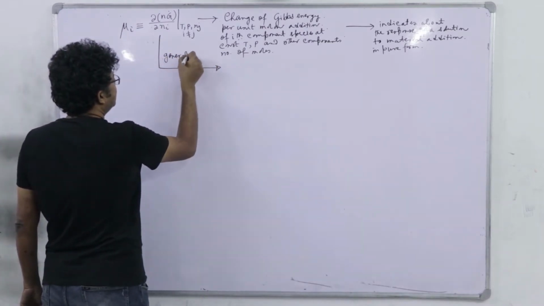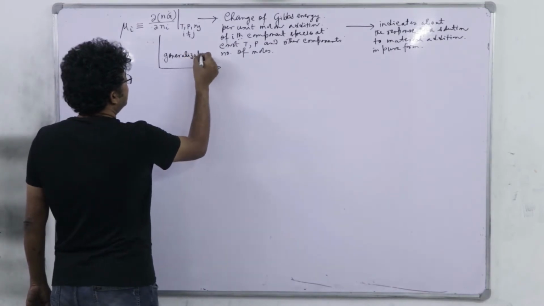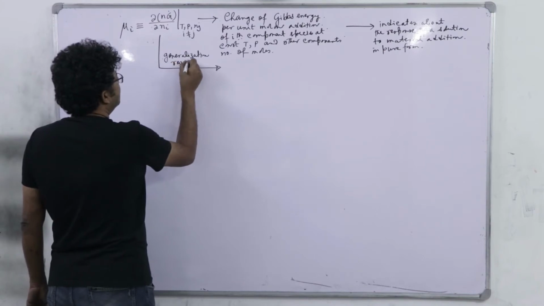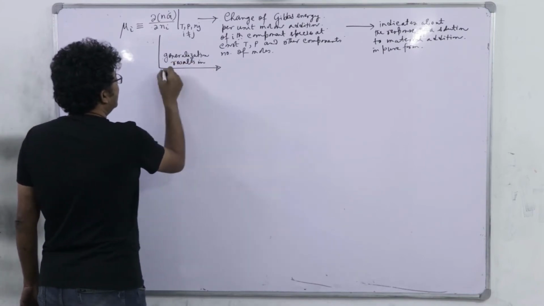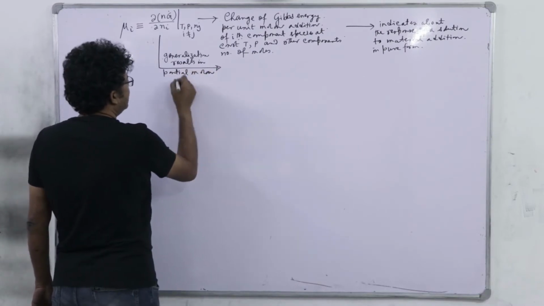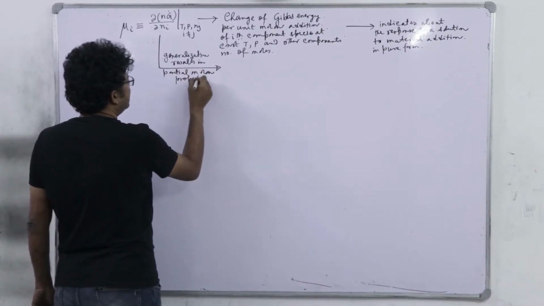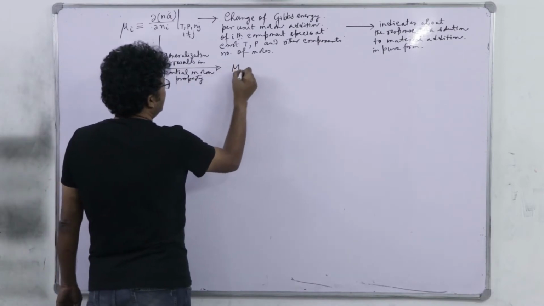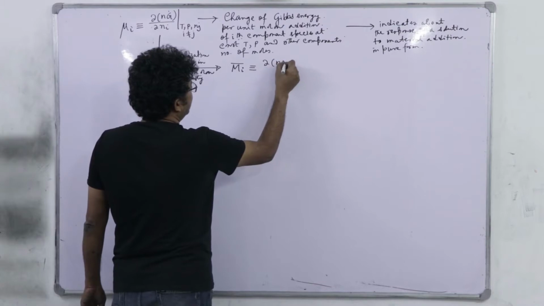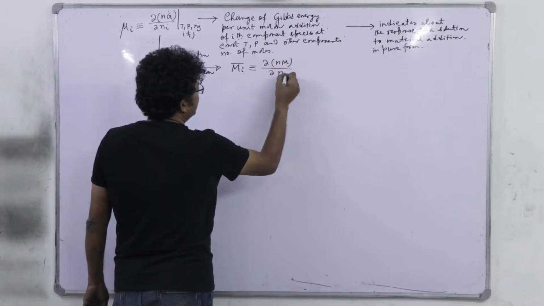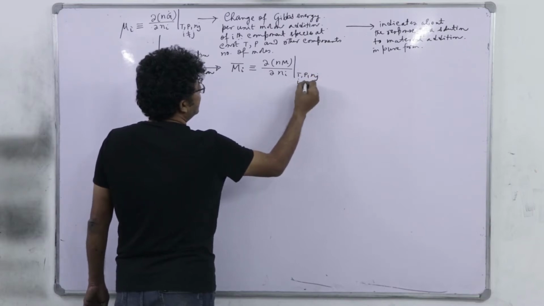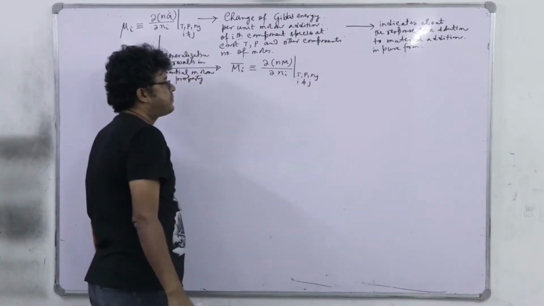If we generalize it, it results in a partial molar property, M i bar, equal to del of N M by del N i at constant T, P, N j, j not equal to i.